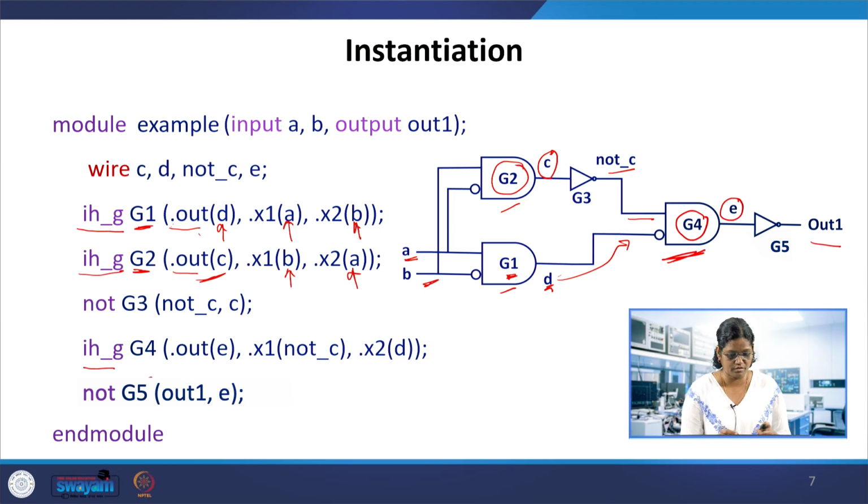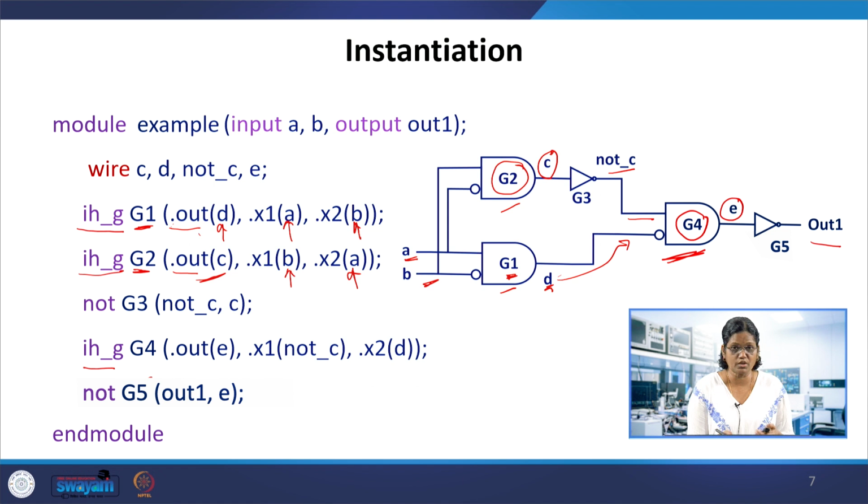Again, the order of instantiation doesn't matter here, because these are concurrent statements. So if the G5 gate produces the signal E first, and then suppose E is used in the first statement of G1, the simulator takes care of that. It will evaluate and update it concurrently.